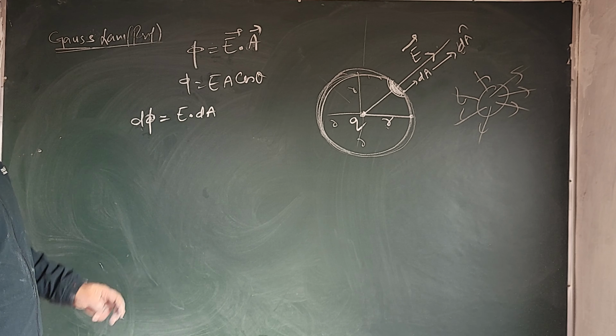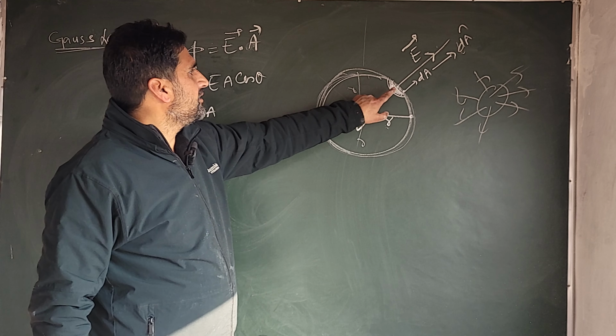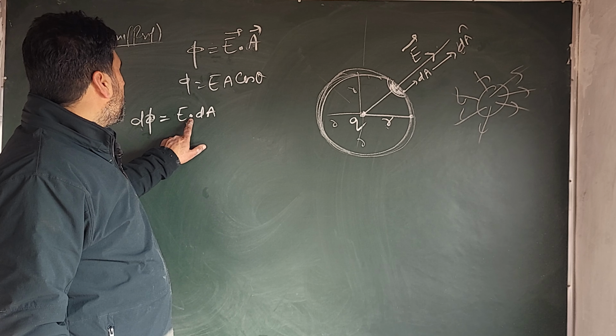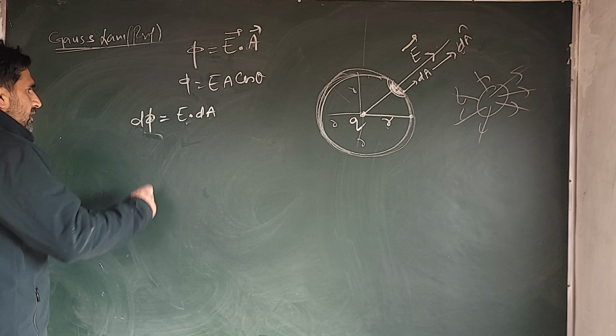The dot product E dot dA is equal to d phi, the small flux.